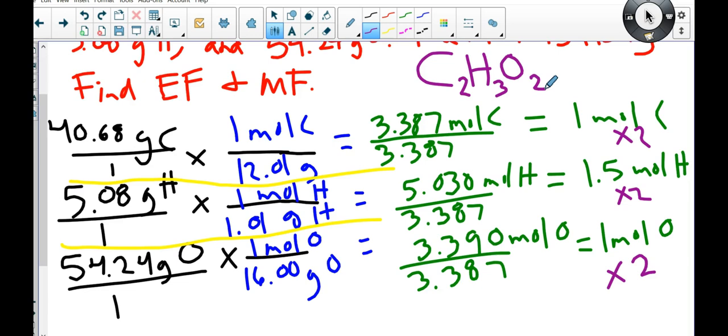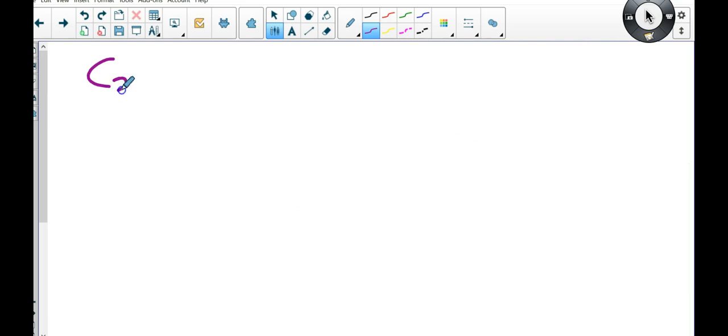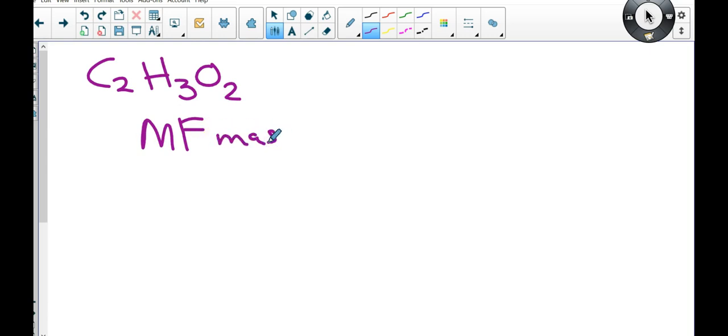I was given the molar mass. The molar mass that I was given was 118.1. So, C2H3O2. And then remember it's molecular formula mass, molar mass, divided by empirical formula mass.